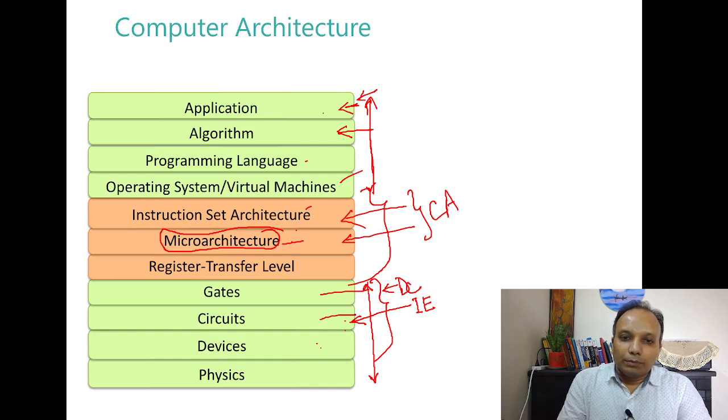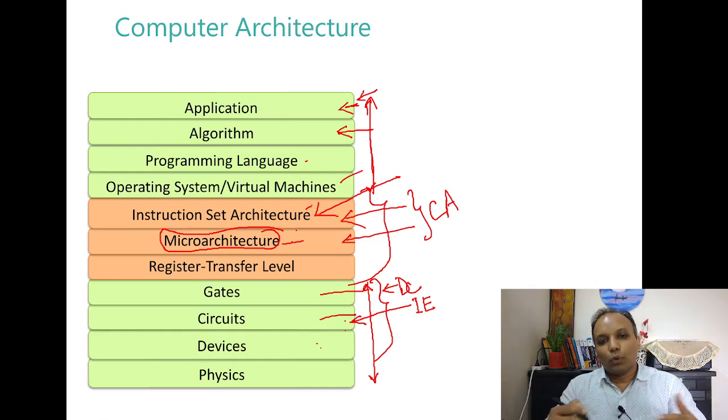Now, there is an advanced course on computer architecture which will primarily focus on ISA, instruction set architecture, and how we can build more efficient computers, etc. That will be covered in the 500 level computer architecture course. Now, it is very, very important to understand these different layers of abstraction and where computer architecture actually sits. All right.